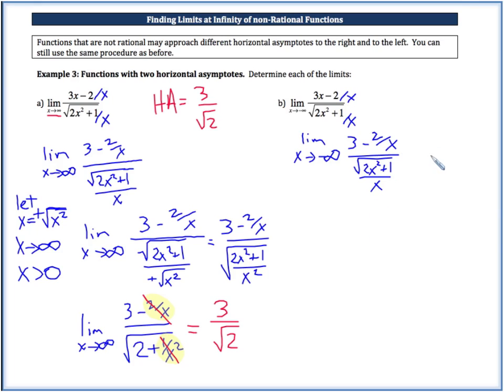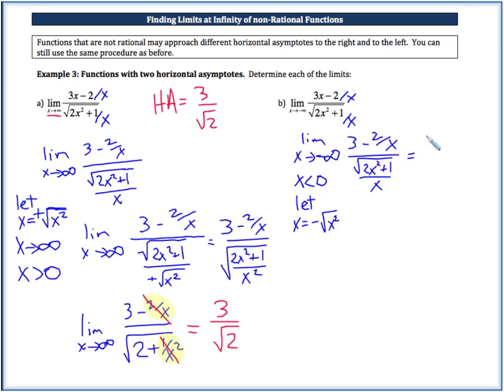Now in this case, since our limit is going to negative infinity, we know x is less than 0 this entire case. And so what we're going to do is let x equal the negative square root of x squared. And that's really, really crucial.